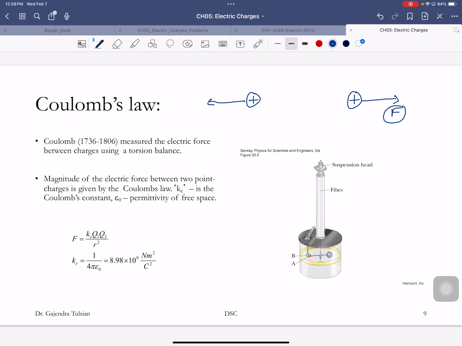Here's the magnitude of the force: it's a constant times the product of the charges divided by the distance squared. And this is called Coulomb's law, and Coulomb's constant, in his honor. And he used this device to figure that out.